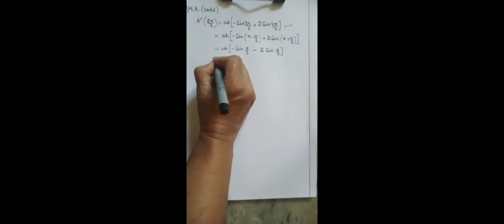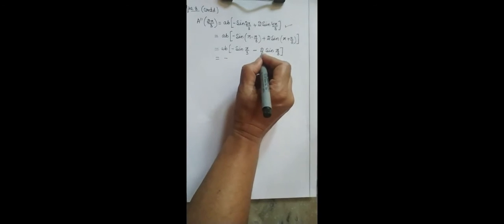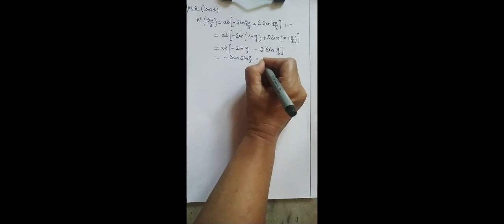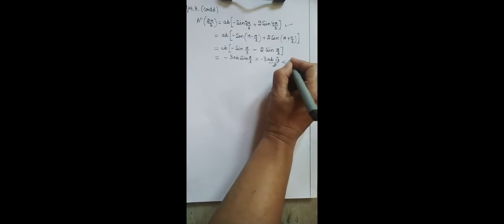Now this will be equal to, taking minus, then 2, and because they are same, 2 plus 1 is 3. So it is minus 3AB sin pi by 3, which gives me the result minus 3AB. Now what is sin 60 degrees? It is under root 3 by 2. So now clearly this is a negative quantity, so this is a negative quantity, means that area of the triangle is maximum.